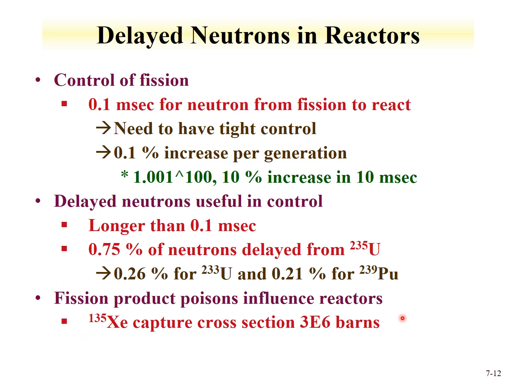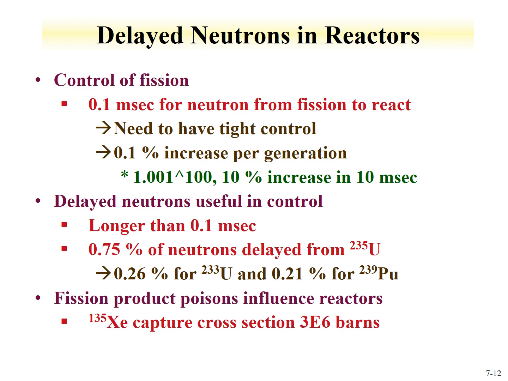Now, fission products also have another influence on fission. You can call it kind of a positive influence on fission. It gives off some neutrons. But there are some fission products that influence reactors because they absorb neutrons. In an example, the production of xenon-135 fission product, this isotope has a very large neutron capture cross-section, 3 × 10⁶ barns.